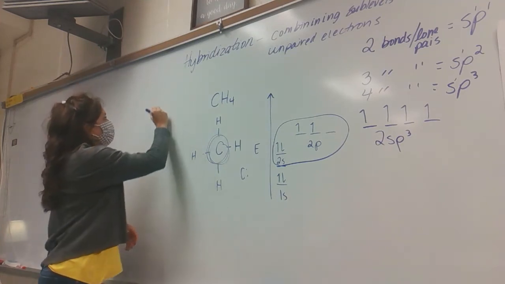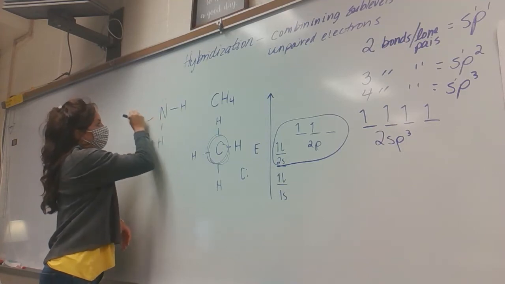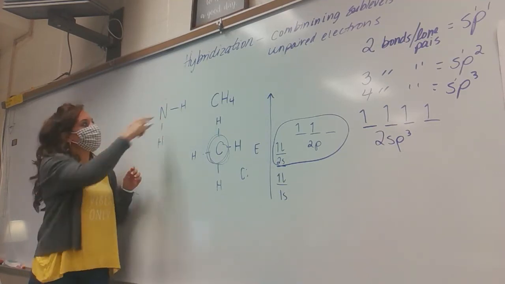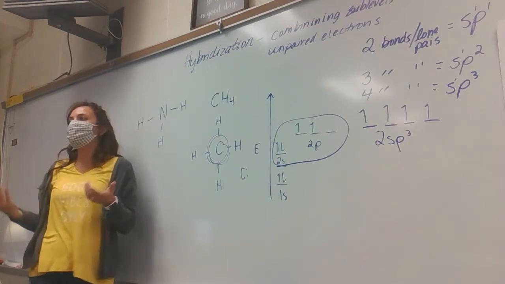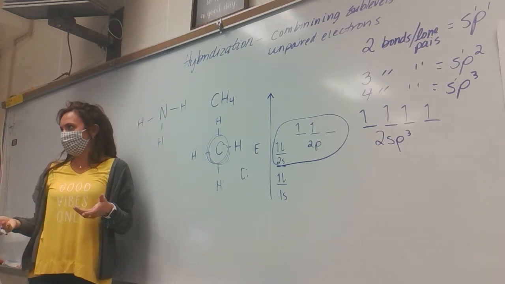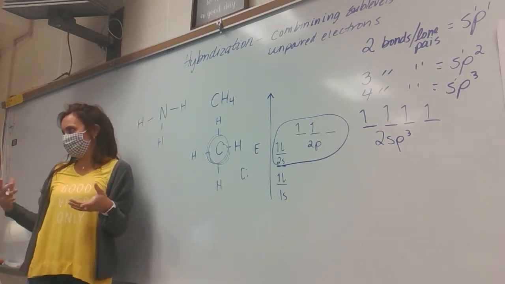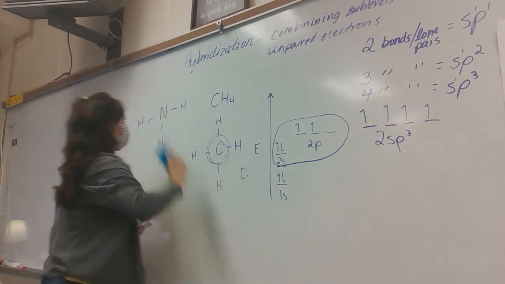So in the NH3 that we looked at earlier, this is also sp3 because we count this as 3 bonds and a lone pair. That's sp3 hybridized as well. It involves an s and 3 p's.